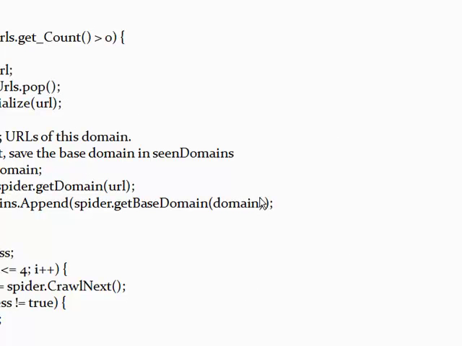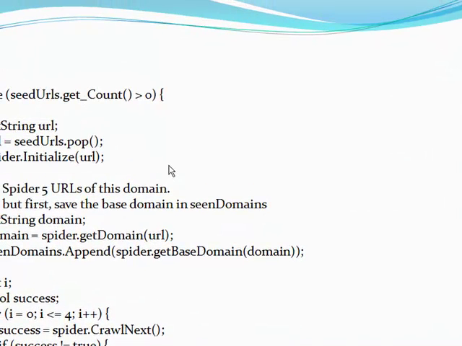Now there is a while loop: seedUrls.Count is greater than 0. It gets the CkString url. It returns the seedUrls.Pop function to the url variable. Finally, spider.Initialize(url). Initialize is a void method.